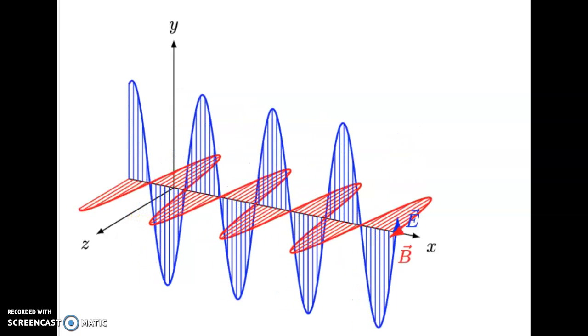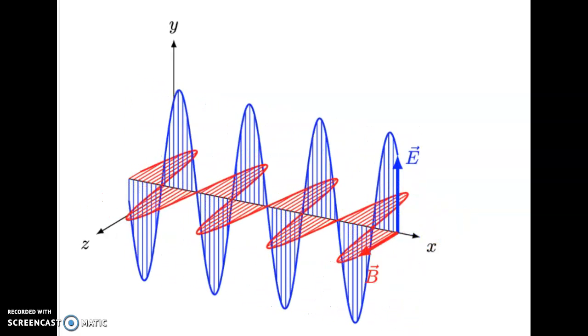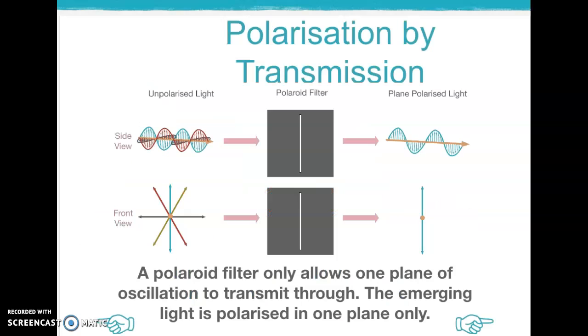Well, you take this three-dimensional light wave, and what you're doing is you're forcing it to go through a filter which only allows the light in one direction, right? So this is our unpolarized light. We put a filter in place here, and then what comes out of it is plane polarized light.